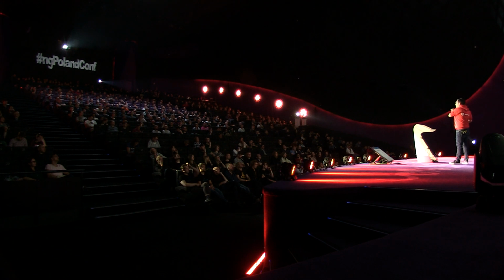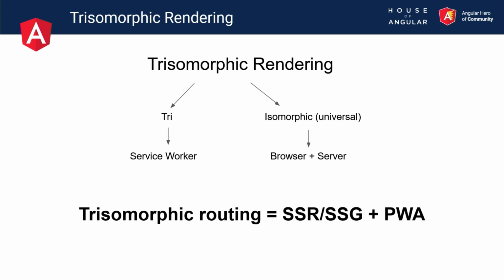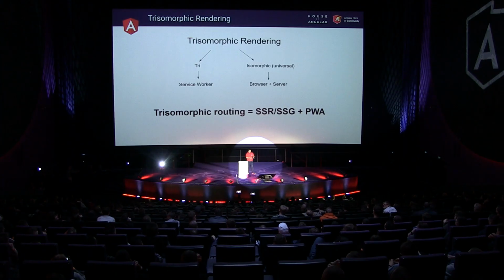So you can render in any of those three places. But you cannot really do it very easily in Angular, the service worker part. So in Angular, a similar concept that you can achieve is trisomorphic routing. That term is essentially your SSR or SSG Angular plus PWA capabilities.